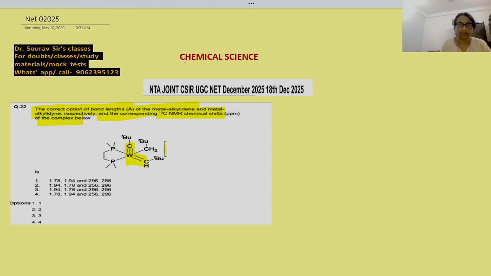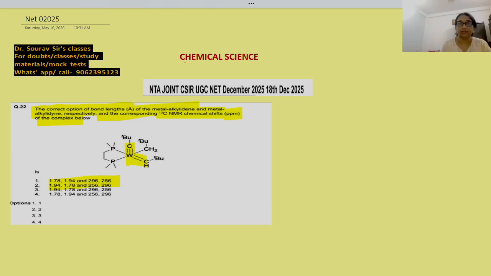We will find the bond length according to the C13 NMR chemical shift, nuclear magnetic resonance spectroscopy, in ppm. There are four options given in this question.